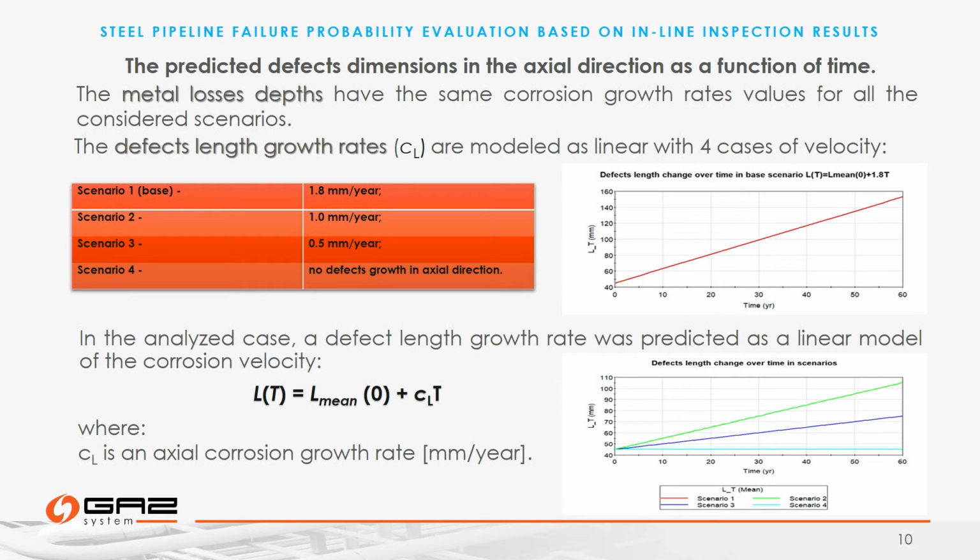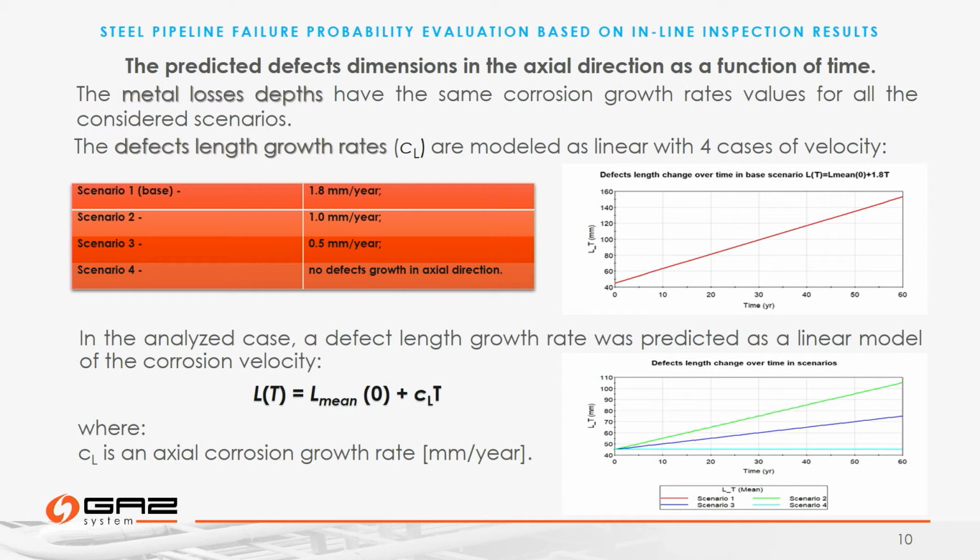As a base scenario, 1.8 millimeter per year, and second scenario 1 millimeter per year, third scenario 0.5 millimeter per year, and fourth scenario, no defect growth in axial direction.